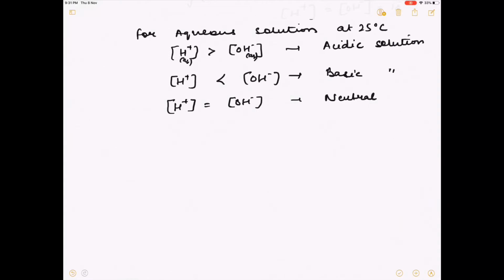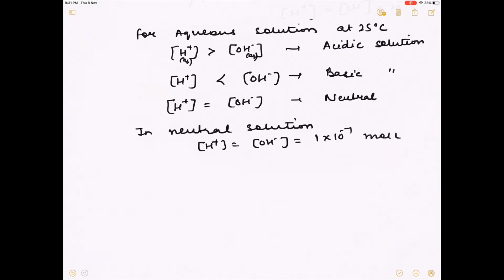So in neutral solution, H ion is equal to OH ion, that's 1 into 10 to the power minus 7 moles per liter, because concentration units are moles per liter.